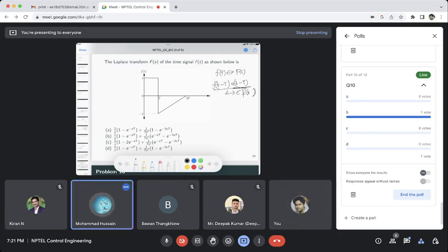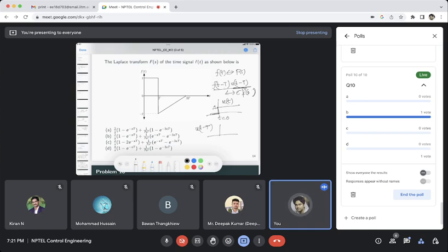It is u(t), which is 0 before t equal to 0 and 1 after. If I write u(t minus T), where capital T is some positive number, that means I shifted this unit step function up to T.